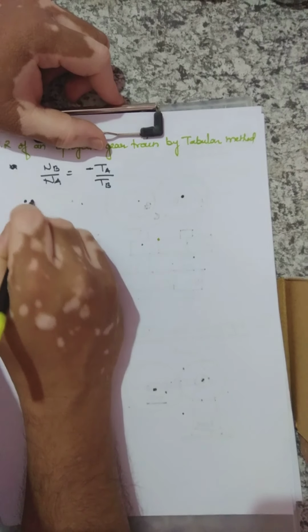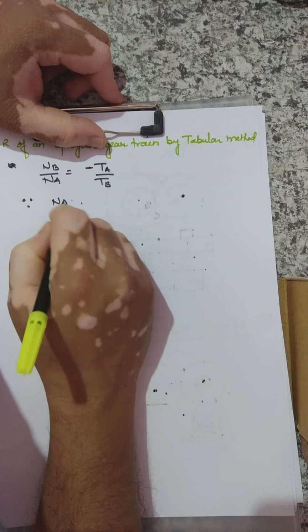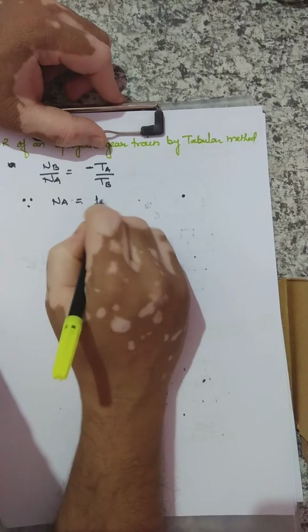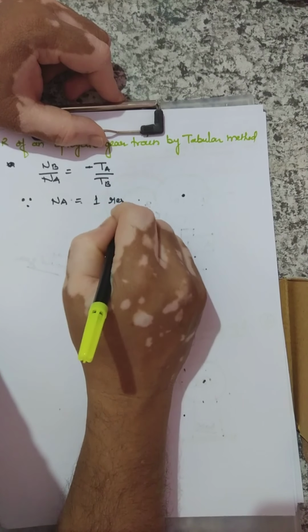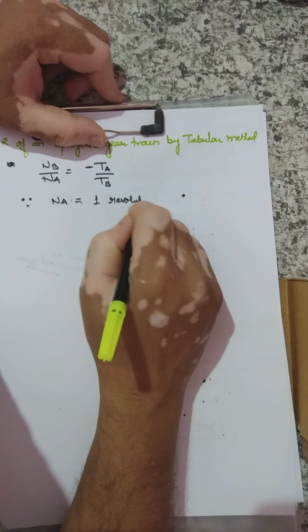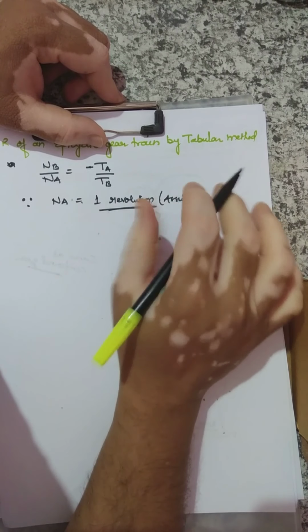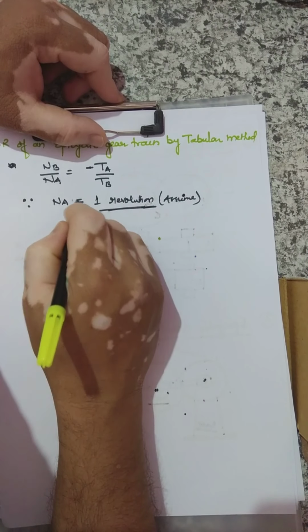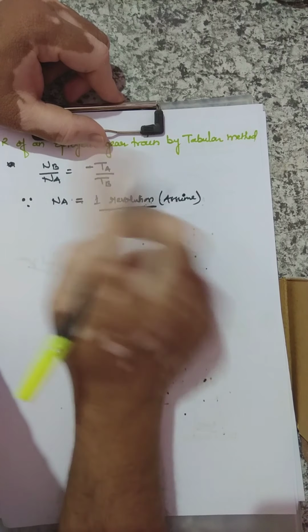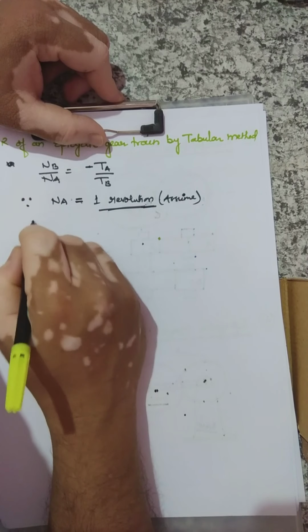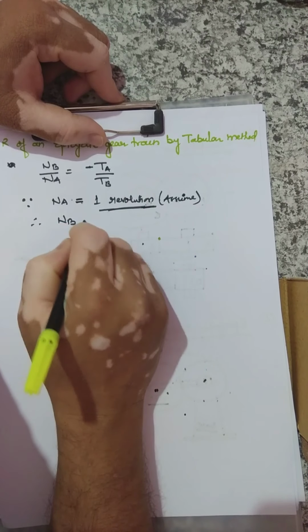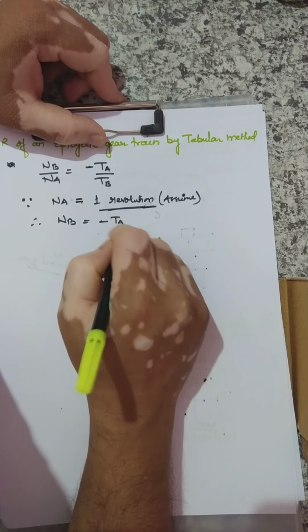Now we will assume NA is one revolution. This is just an assumption, nothing real. NA rotates one time. Therefore, NB will be minus TA by TB.